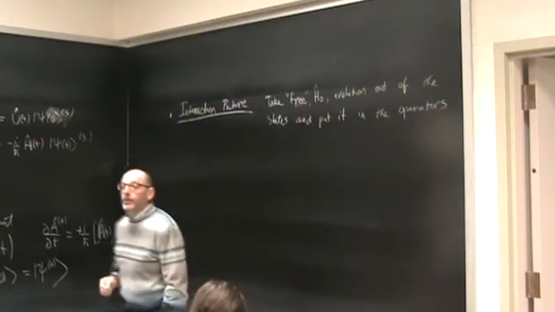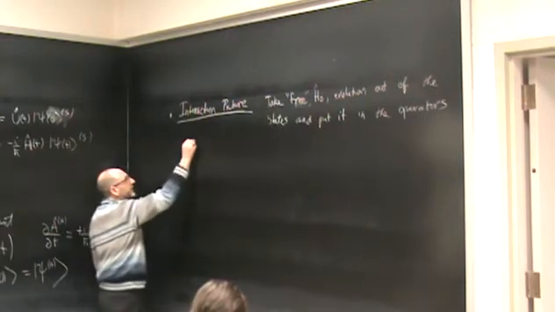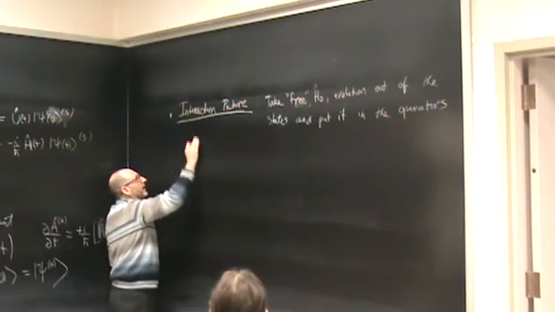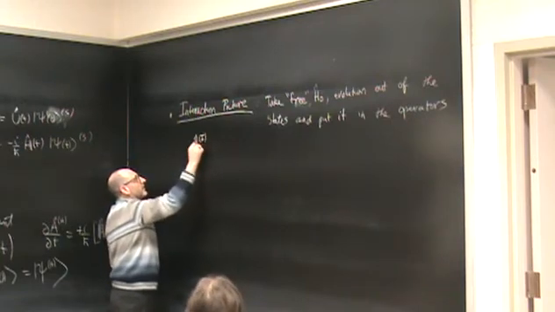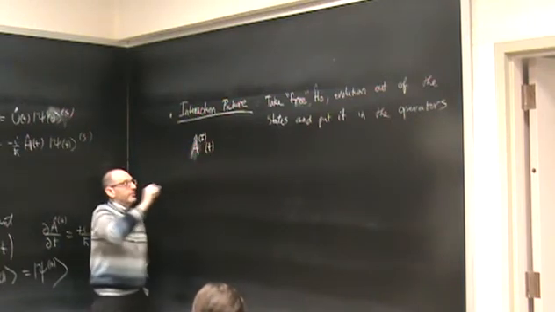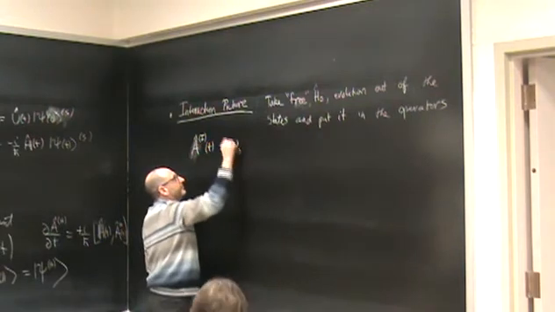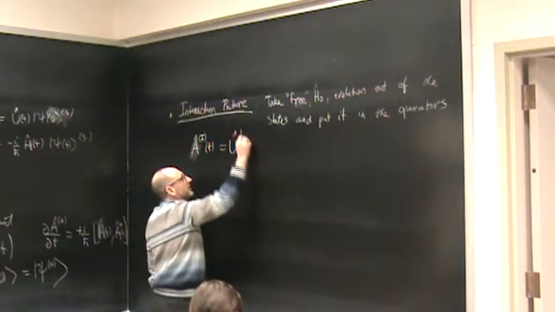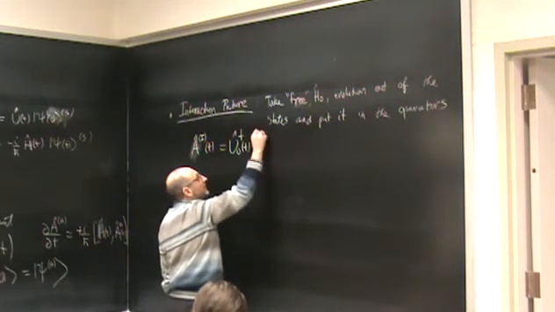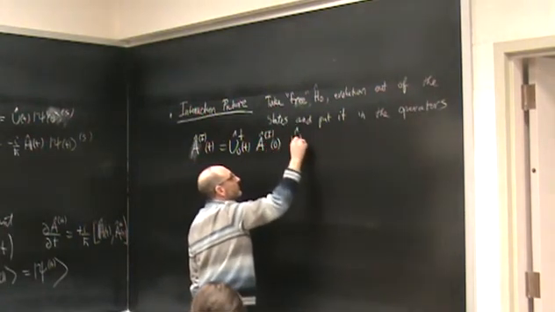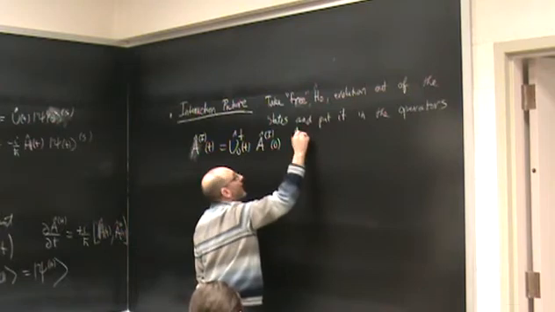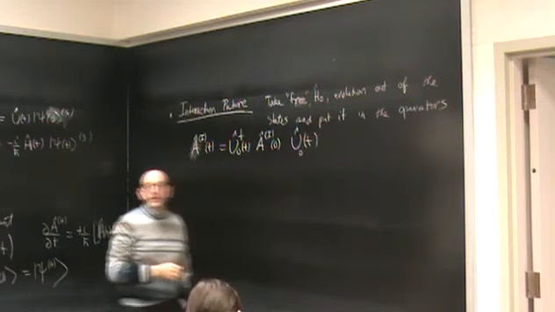So in the interaction picture, my observables evolve according to U0. And what is U0?